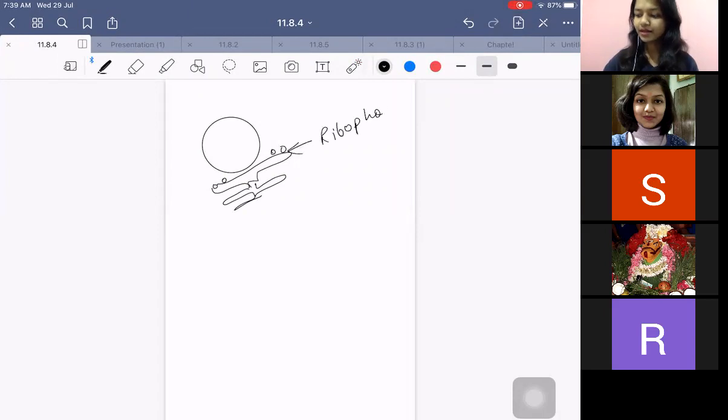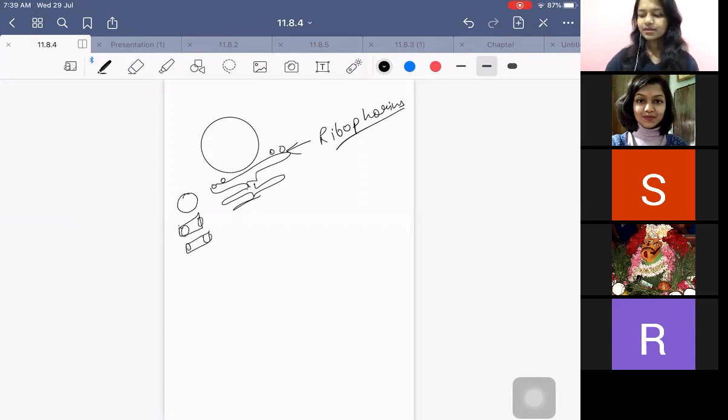Ribophorins 1 and 2 help in the attachment of ribosome on the surface of endoplasmic reticulum. Then you also have smooth, which can be in the form of vesicles or tubules. They will make lipids, sterols, all those things. The rough will make proteins.